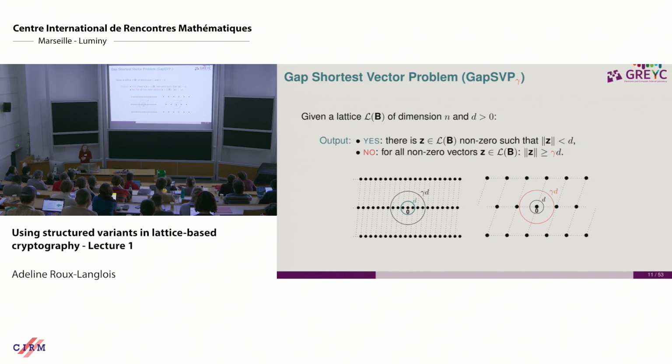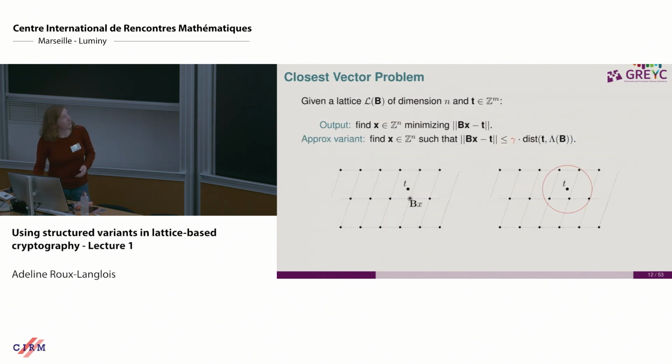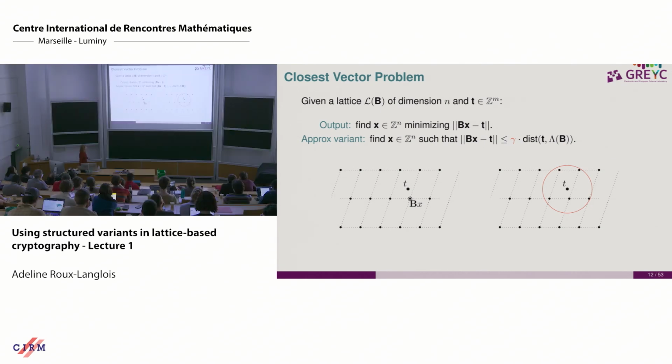So it's not usual that you have a decisional and the search variant that are equivalent to each other, meaning that if you can solve the search, you can solve the decisional. It's always quite easy, but also if you can solve the decisional problem, you can solve the search one. So it's not true anymore when you have the approximation factor, but still, it's an interesting property of those two problems.